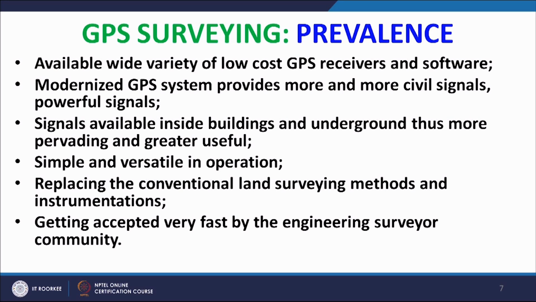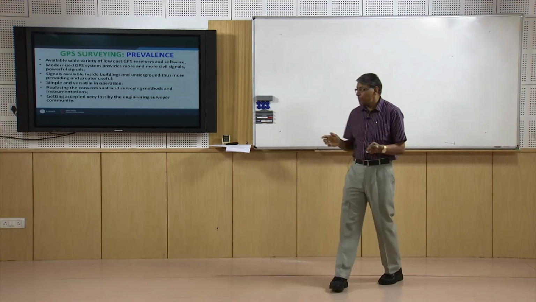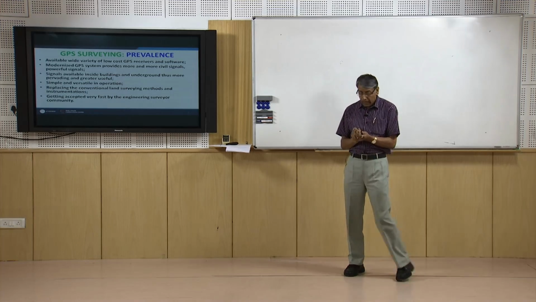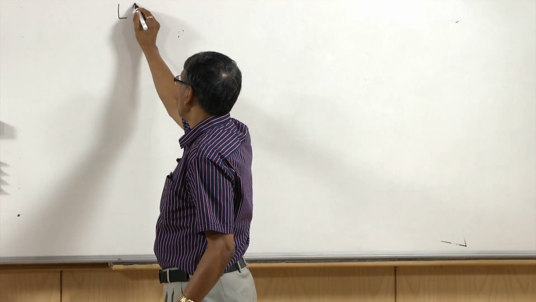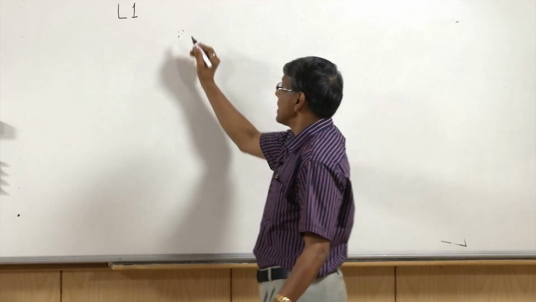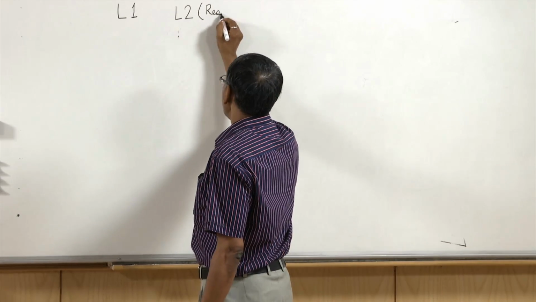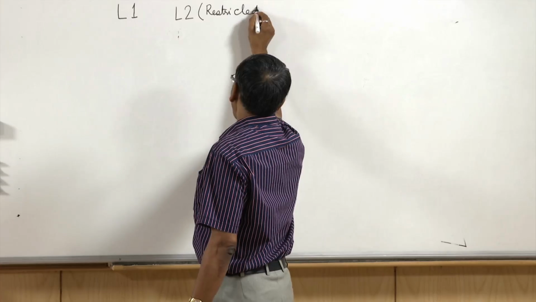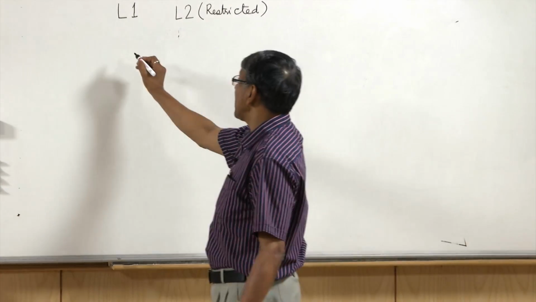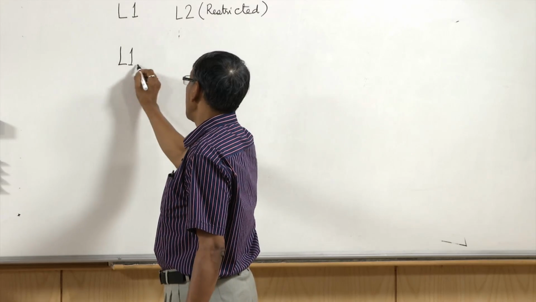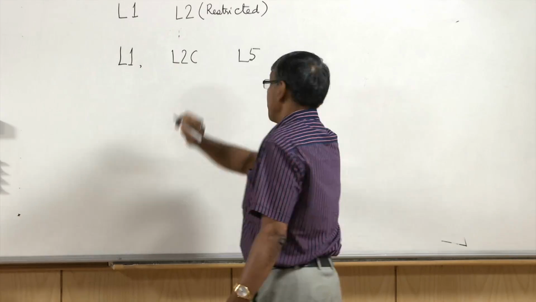Further, this GPS system is getting modernized day by day, that means it is improving. For example, initially we used to get only civil signals L1 and L2, having restrictions. Now at present we get 3 civil signals: L1, L2C, and L5.